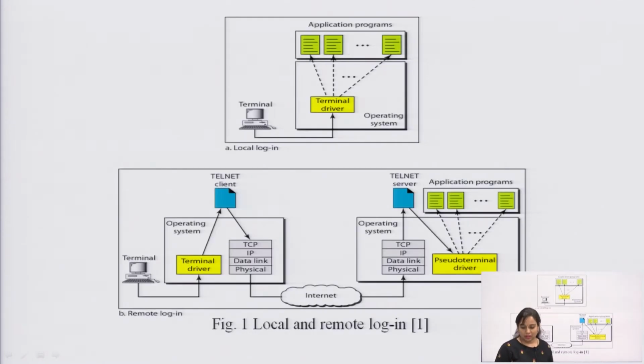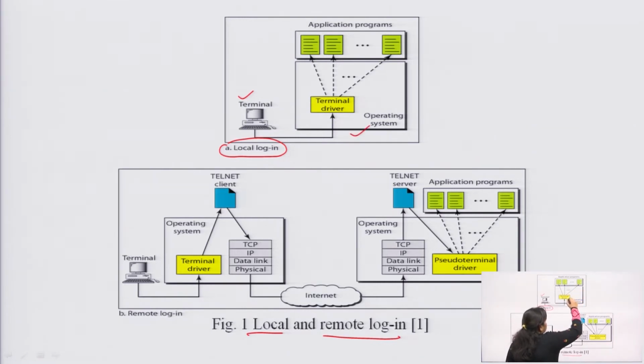Now, these are the diagrams: the first one is the local login and the other one is the remote login. What is local login and what is remote login? In case of local login, as you can see in this diagram, a terminal is connected, there are application programs and there is an operating system.